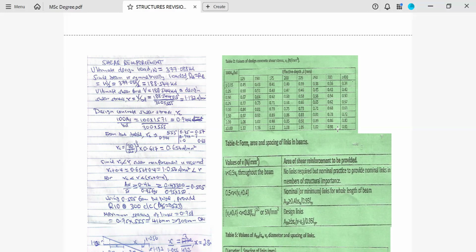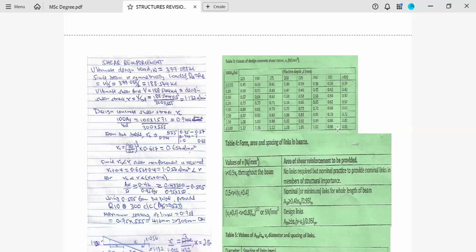Now, let's go to table 4, which talks about form, area, and spacing of links in beams. Now, in table 4, we have 3 conditions. Now, condition 1 is where V is less than 0.5 VC, which is not our case. In this case, they say no links required, but nominal practice provides nominal links in members of structural importance.